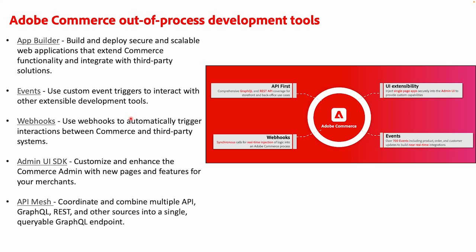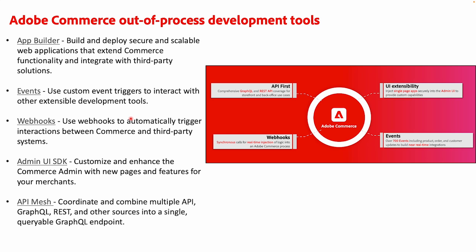Events with App Builder can be utilized for asynchronous data operations, like if you want to synchronize order data with a third-party ERP or OMS, you can use the events. App Builder with webhooks is useful for synchronous data management or processes, like if you want to calculate the shipping rates in the cart page, or if you want to calculate the tax in the cart page or on the checkout page, you can use App Builder with webhooks.